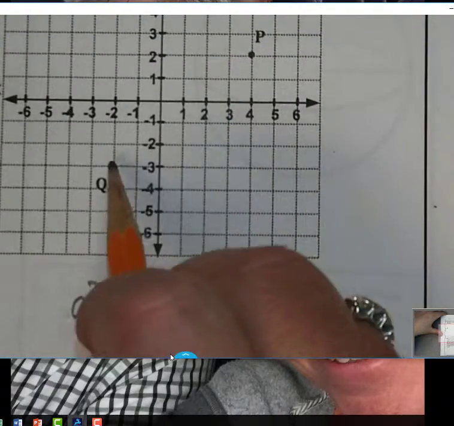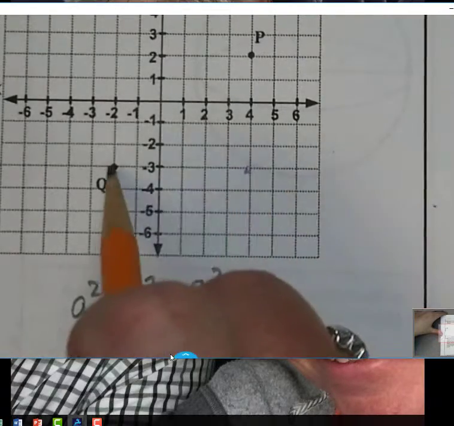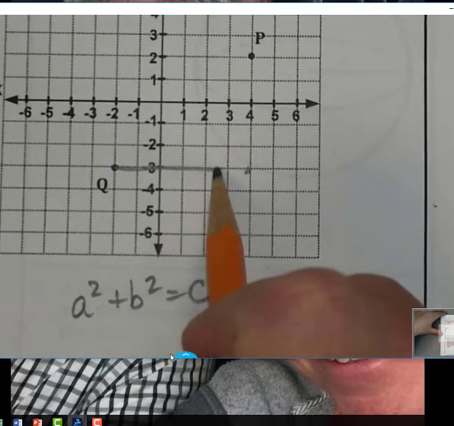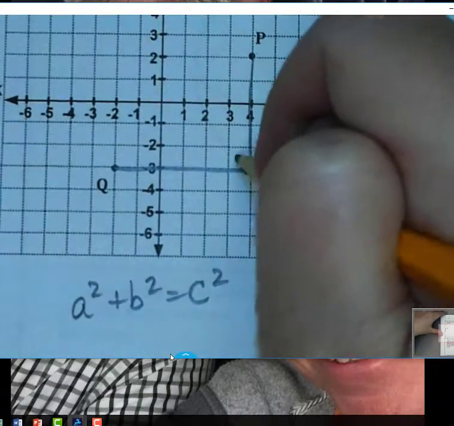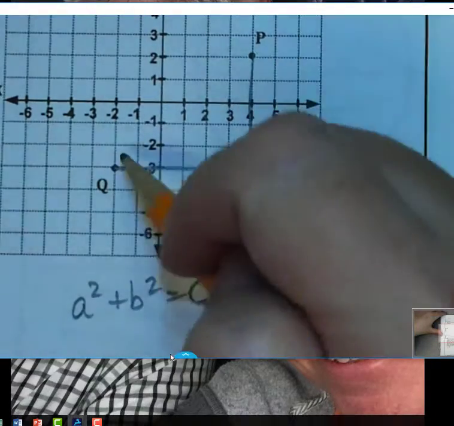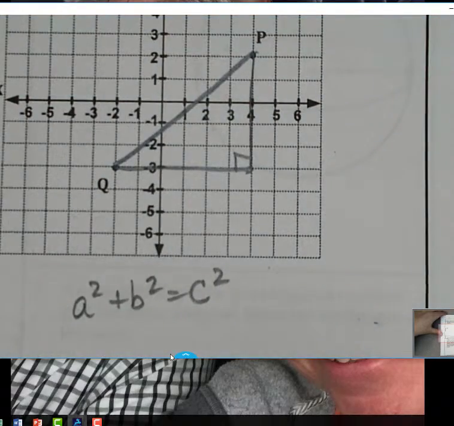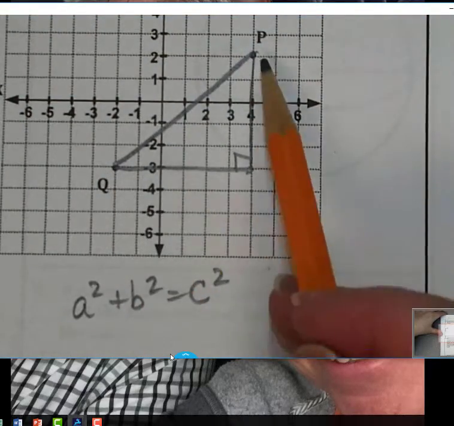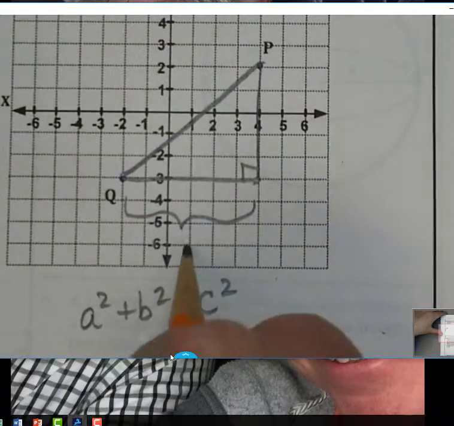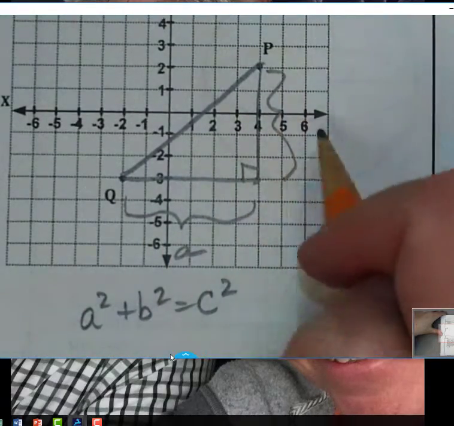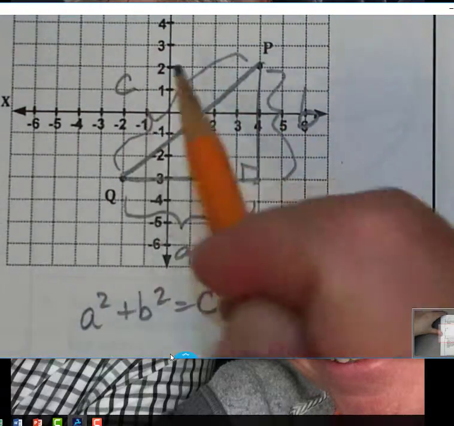So if I drop a point right here, then I can create a right triangle where PQ is the distance but also the hypotenuse of this triangle. So I've got this side, which I'll call A, and this side, which I'll call B, and this side, which is the hypotenuse, which is C.